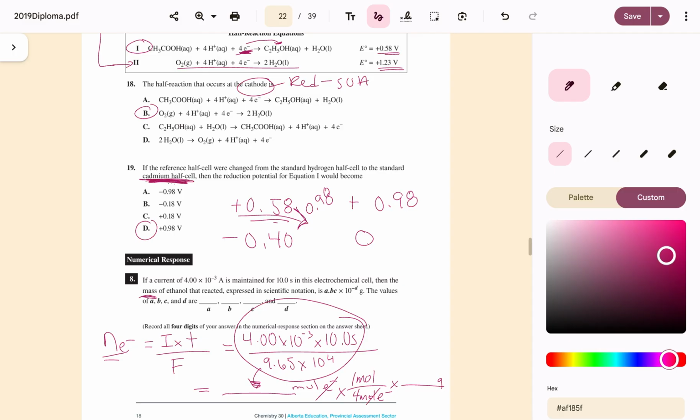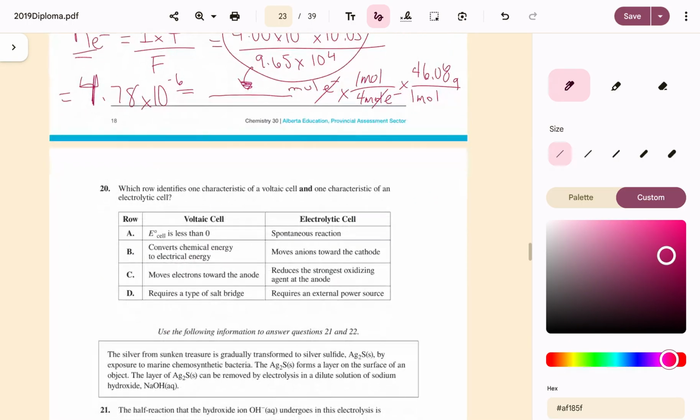So your last step is to get the molar mass of ethanol, which is 46.08. You plug that all in, and you get a pretty small number. It's going to be 4.78 times 10 to the negative 6. So when you're filling this in, it's going to be 4786.